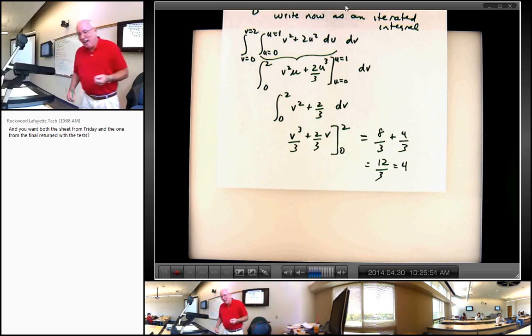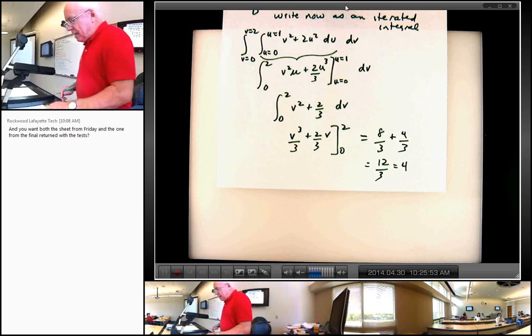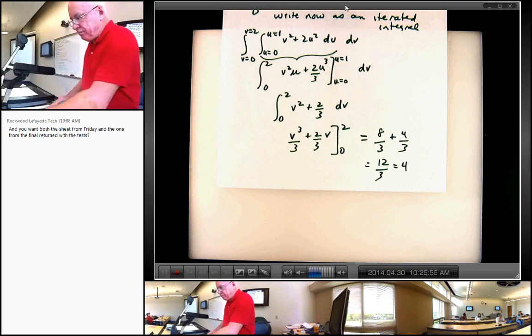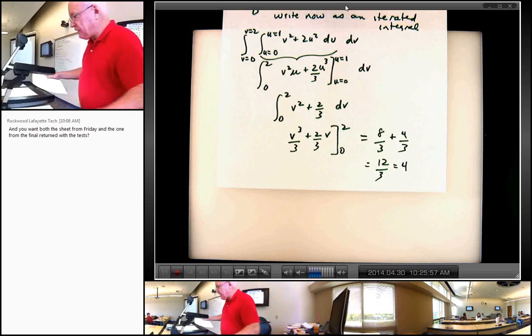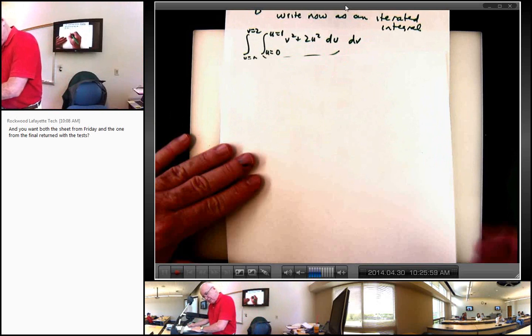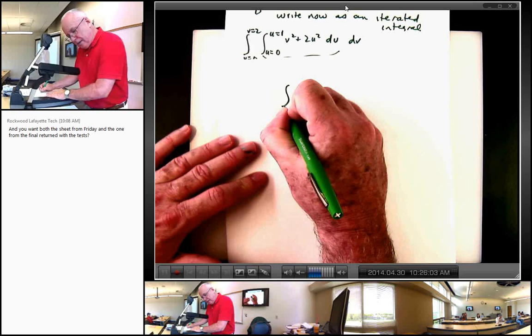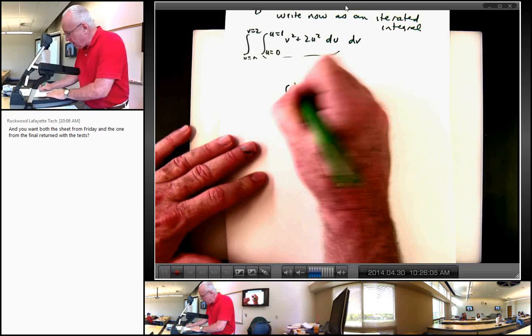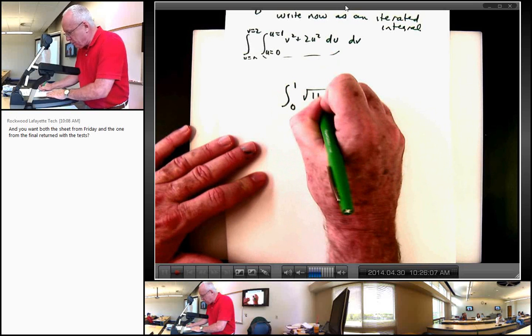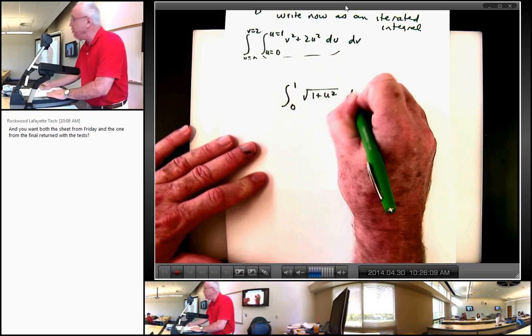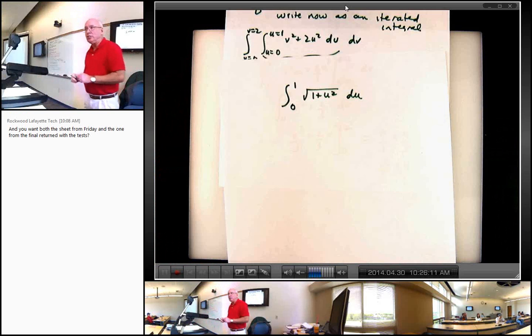Okay. It actually involves, I'll just put it up here, not the whole thing, but just this one integral. The second thing involves calculating the integral from 0 to 1 of the square root of 1 plus u squared du as part of its calculation.